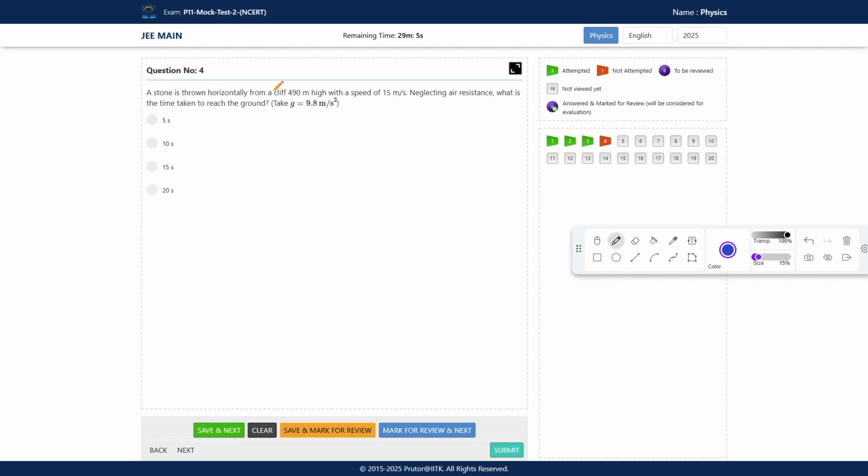A stone is thrown horizontally from a cliff 490 meter high with speed 15 meter per second. Neglecting the air resistance, what is the time taken to reach the ground? So here you have to find out the time. So suppose we have a cliff like this, and we throw a stone horizontally like this.